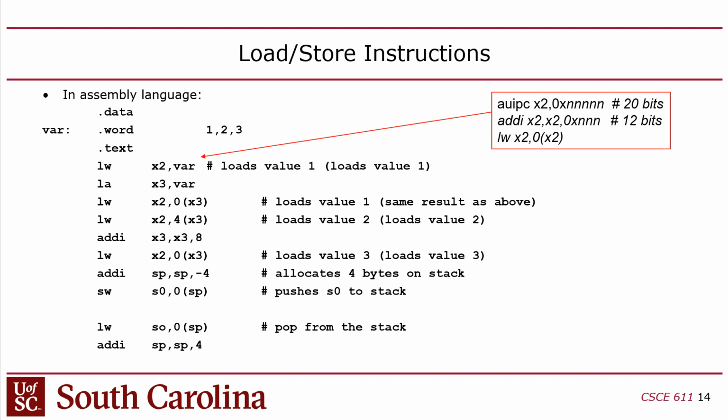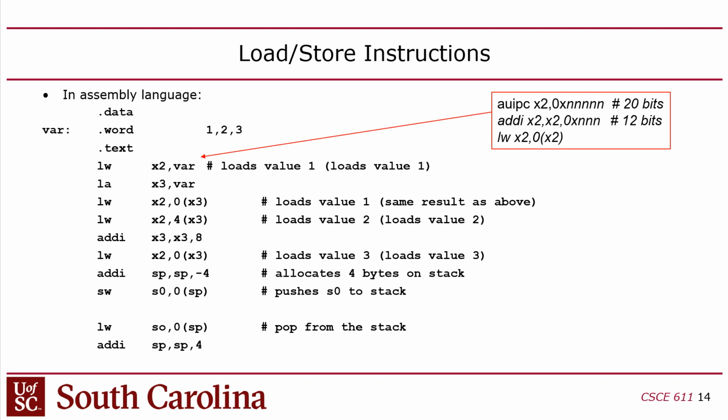This will also allow me, for example, to use an offset here. So in the next instruction, I offset that base address x3 by 4. In this case, the 4 is a constant, and this will allow me to load the second element of the array, since the second element is offset from the first element by 4 bytes, because each element is 4 bytes.